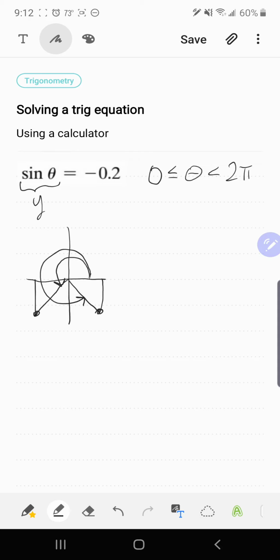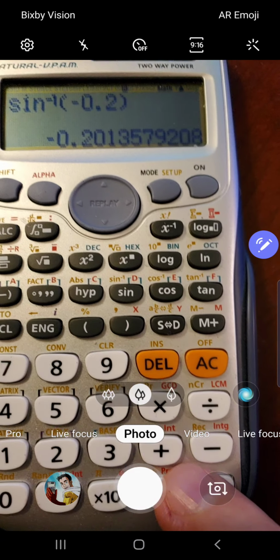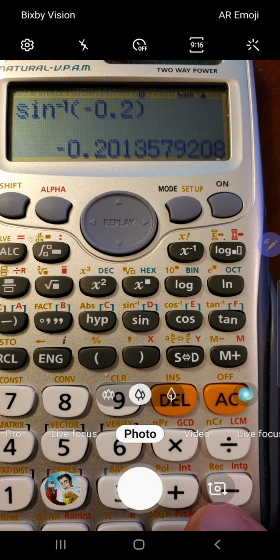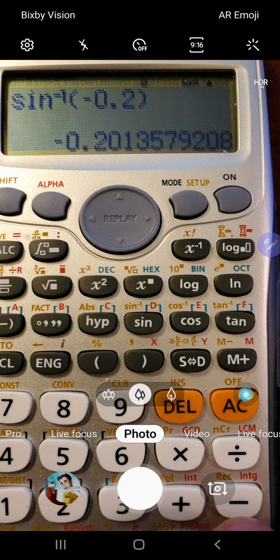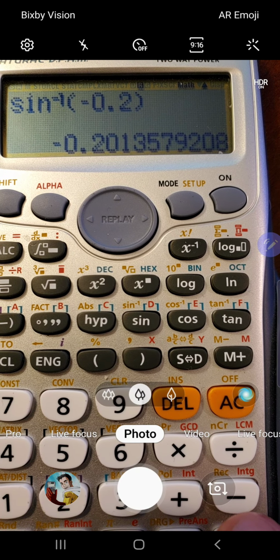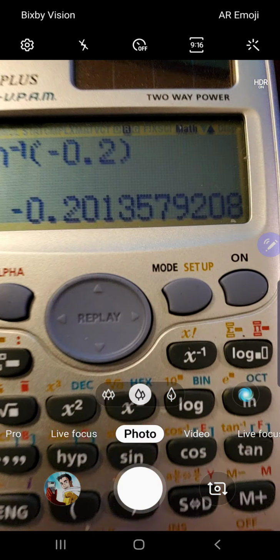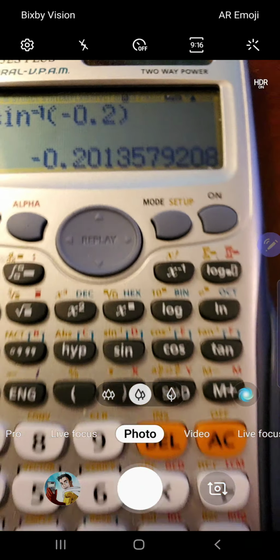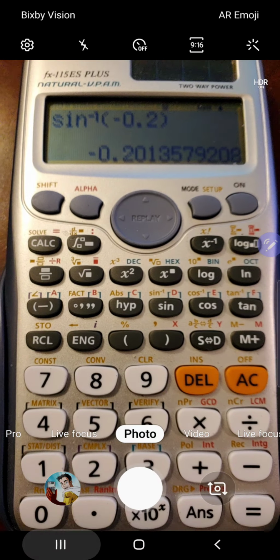All right, so let's find the first solution. Moving the sine over, that's going to give me inverse sine of negative 0.2. And if I go to my calculator, inverse sine of negative 0.2 gives me negative 0.2, and that is in radians, so that's a radian angle.